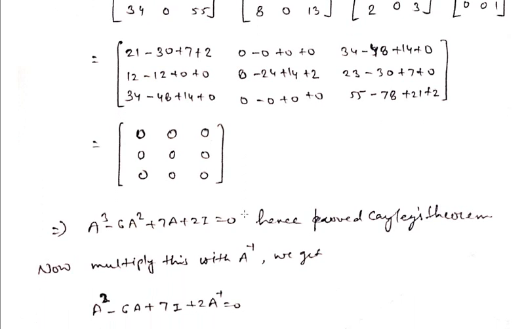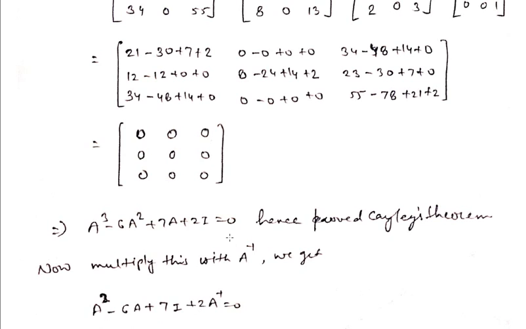Now to find the inverse of that matrix, we will multiply this equation by A inverse. Hence A inverse into A cube gives us A square, A inverse into A square gives us A, A into A inverse gives us the identity matrix I, and I into A inverse gives us A inverse.